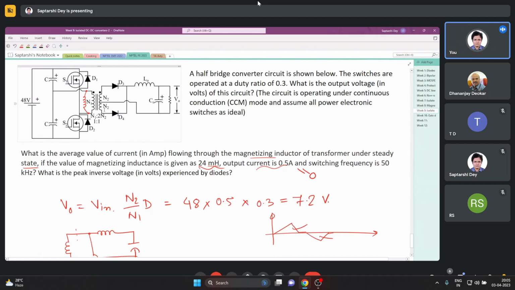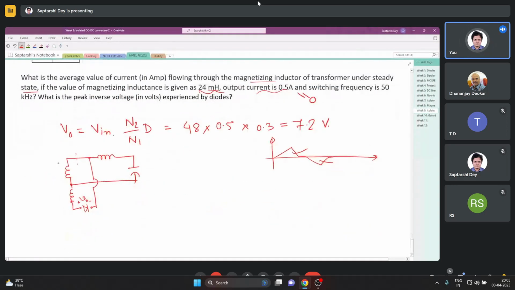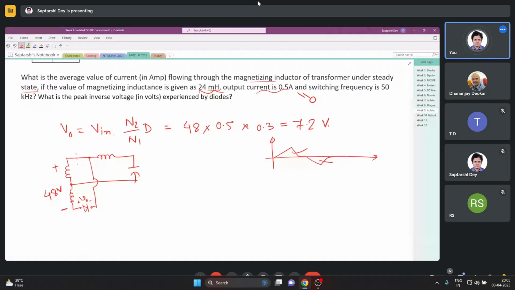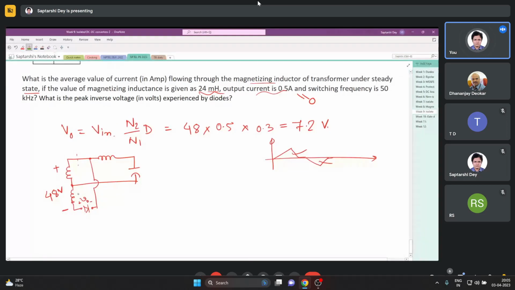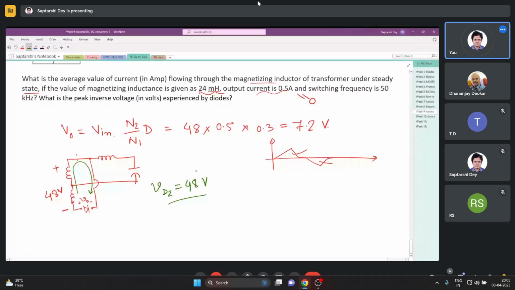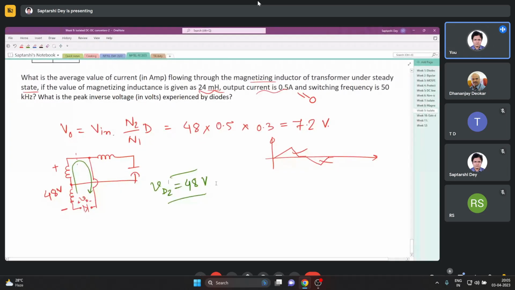So N1 must be getting a voltage of 48 volt. So 48 volt means N2, this whole thing is now getting 48 volt. So this voltage is 48 volt, and clearly in this loop, if you apply the KVL, you will get VD is 48 volt. So the peak inverse voltage of the diode is 48 volt. Clear?